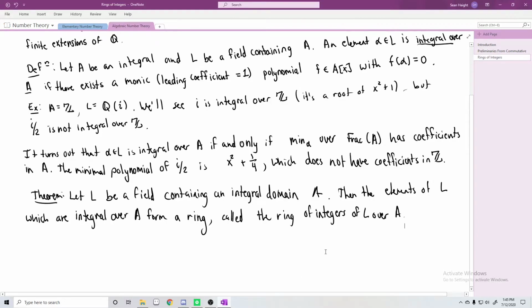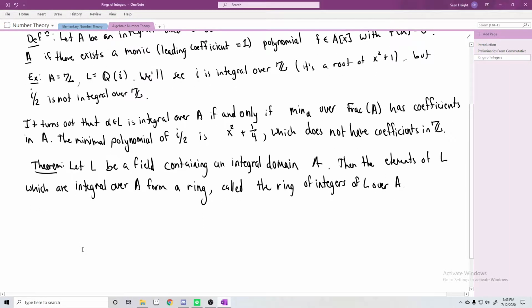The issue here is essentially, if I have alpha, which is the root of some polynomial f, and beta, which is the root of some polynomial g, how do I know that there's some polynomial which has a root alpha plus beta or alpha times beta? It's not as simple as just taking the sum of the polynomials or the product of the polynomials. So there's some work to be done.